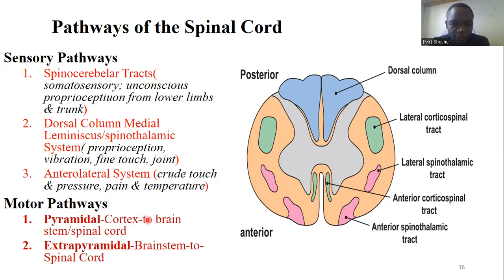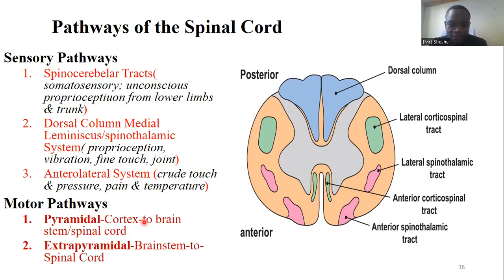Okay. Apart from that, the cortex will also transport direct to the spinal cord. So some nerves will go to the brainstem, then finally go to the spinal cord, whereas some nerves will come direct from the cerebrum all the way to the spinal cord. So such kind of nerves, we call them pyramidal tracts. So these are more like roads in which impulses will pass through.